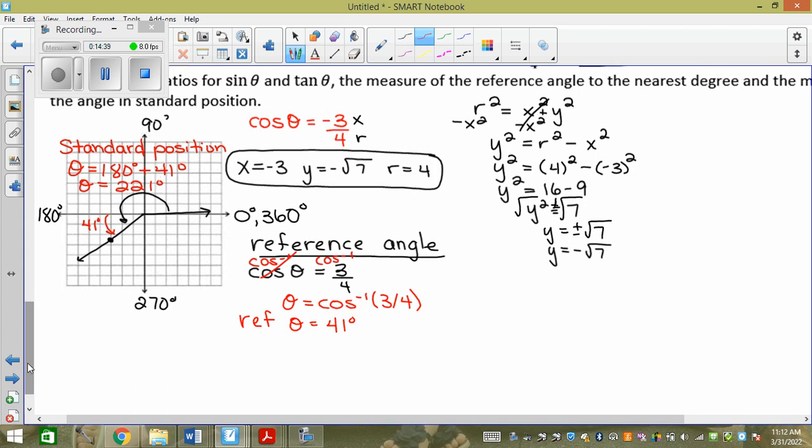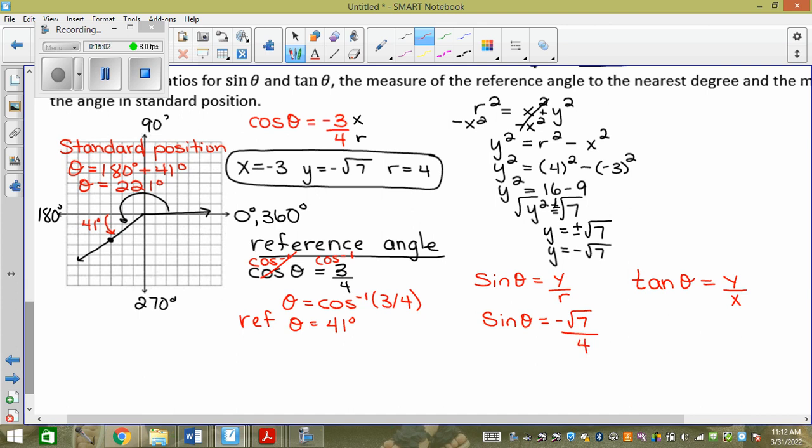Then we'll do our 2 trig ratios. We have cos, so we need sine. SOH CAH TOA: sine is y over r, and y is negative root 7 over 4.